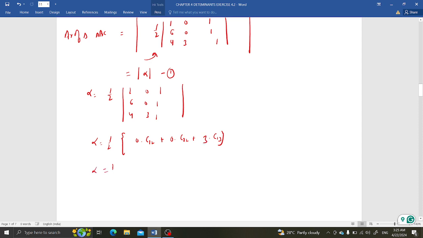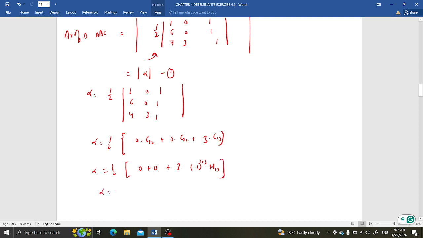So alpha value is equal to 1 by 2, here we have 0 plus 0 plus 3 into the cofactor, minus 1 to the power 1 plus 3, M13.